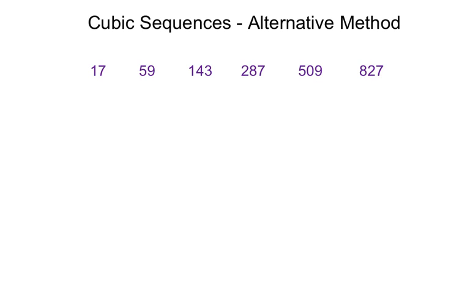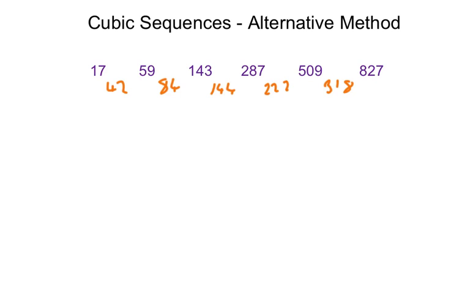In this example, we have the sequence 17, 59, 143, 287, 509 and 827. Once again, we find the differences, and we have 42, 84, 144, 222 and 318 as the first differences.